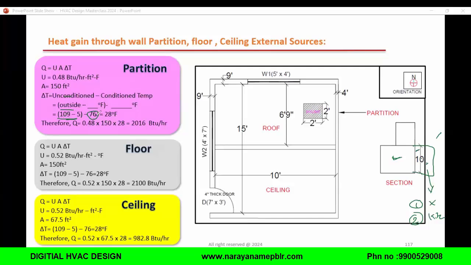So 104 minus 76, you will get some value. Now if there is a kitchen, outside unconditioned will be outside plus 10 degrees Fahrenheit. Please make a note. So outside is 109 plus 10, 119, minus 76, whatever you get, then 43. Clear? Like this, you will find out, and then you can multiply here. Two scenarios I told for the partition.